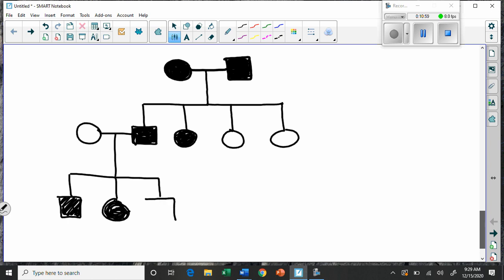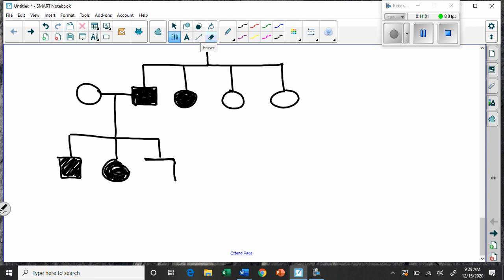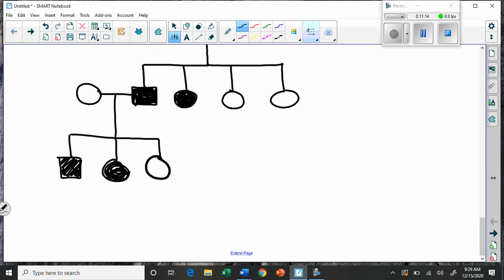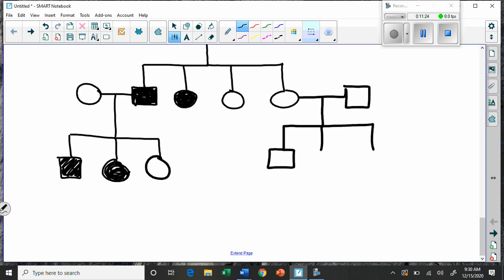Oops, sorry. I'm just copying this out of the book so I don't mess it up. So we'll just copy this. This is a female who is normal. And then over here, on this side, this particular female marries a normal male, and they produce 3 normal, or non-affected, children.